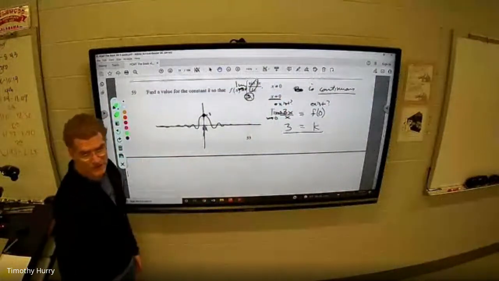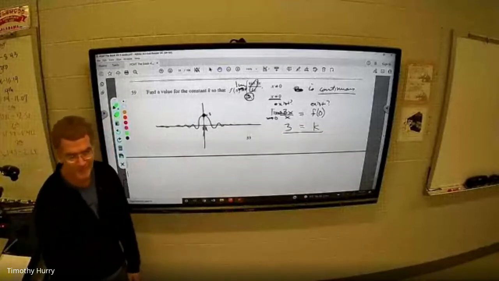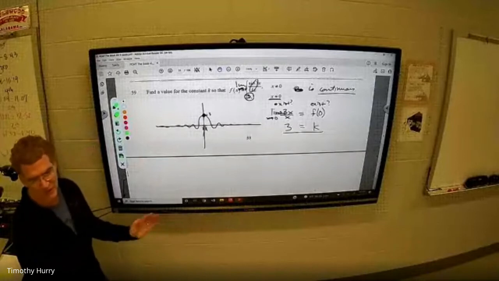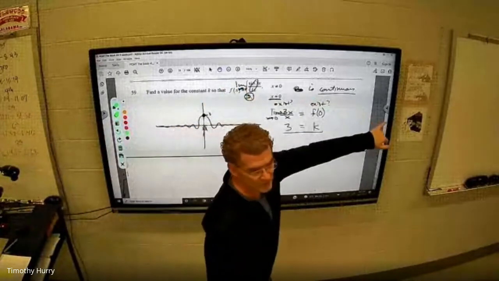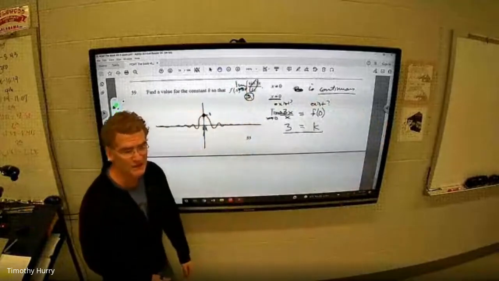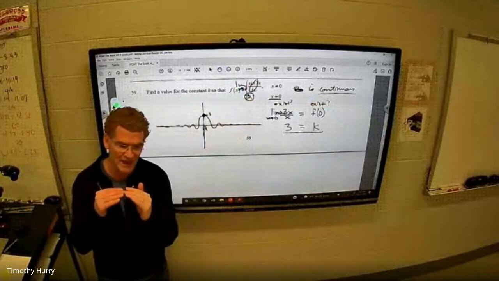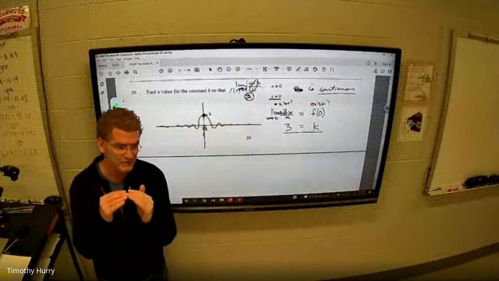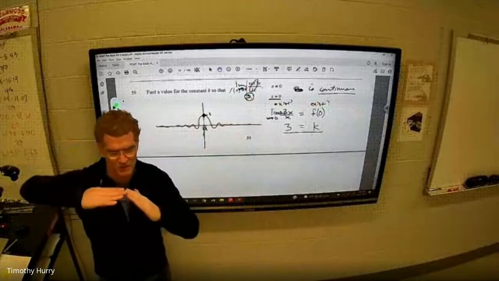Great AP question. It shows up probably every second or third year. Most of the time, probably 2 of the 3 years, it'll say, find the value of k so that it is differentiable. Differentiable means that not only does it have to be continuous, but when they join together, they have to have the same slope there. If they joined like this, that's not the same slope. If they joined like this, that's the same slope.